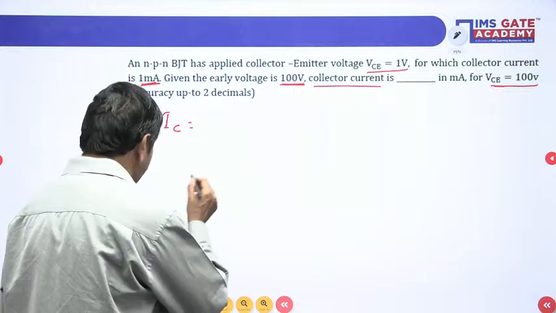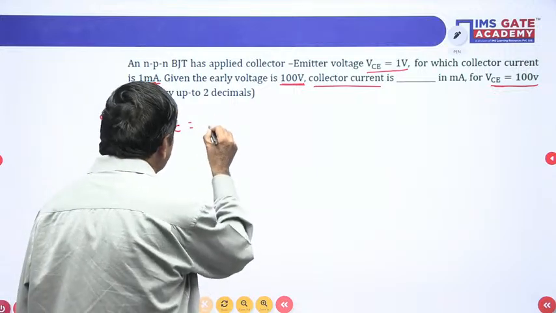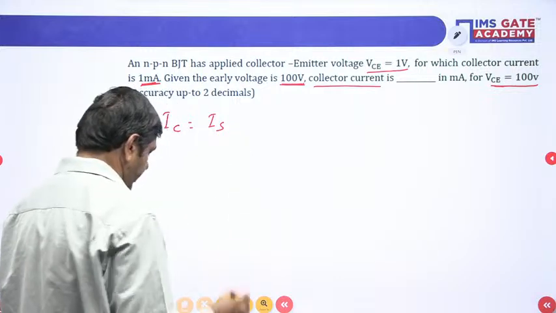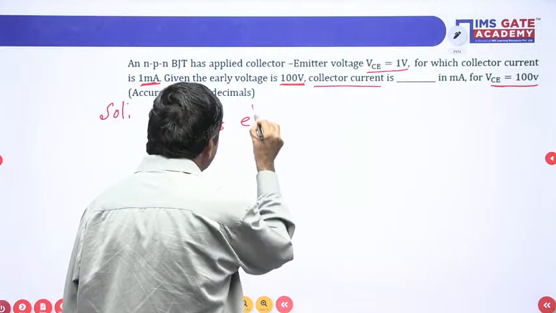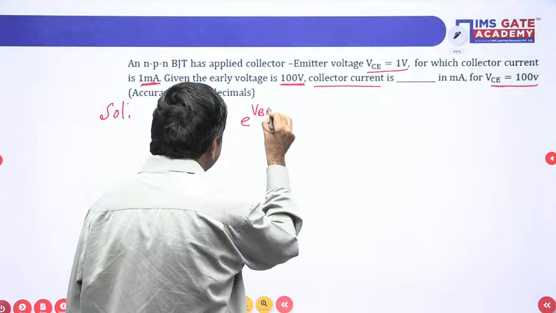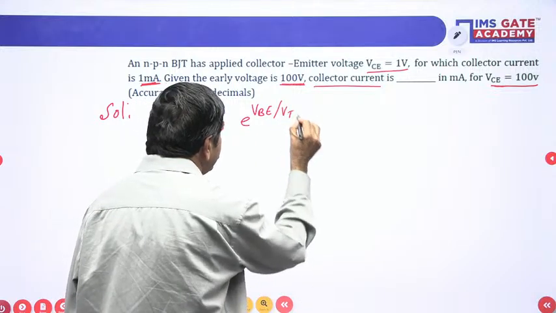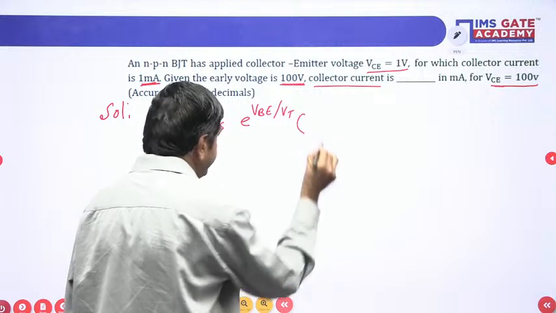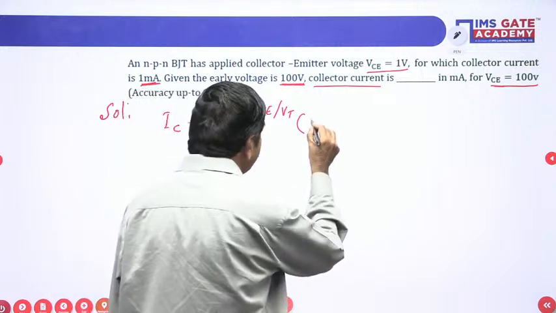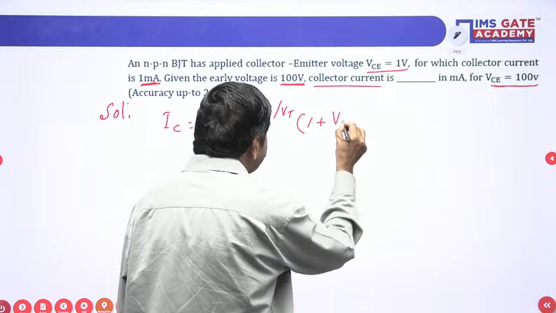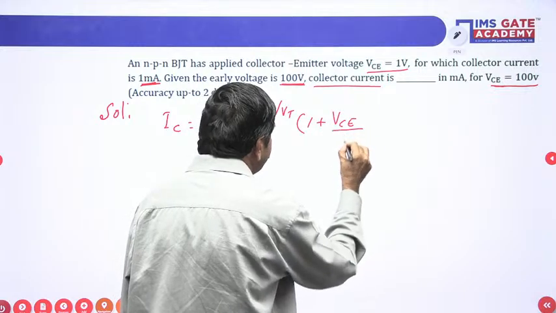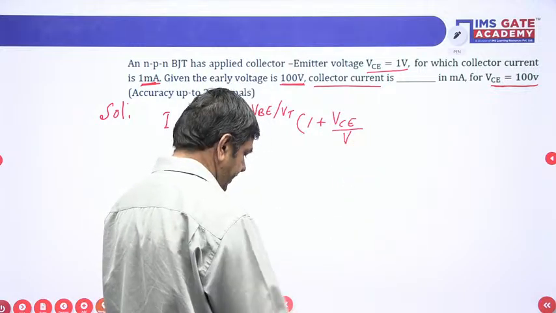But I will take IC equal to IS into e power VBE, the base-to-emitter voltage of the transistor, divided by the thermal equivalent voltage, into 1 plus VCE by VA.